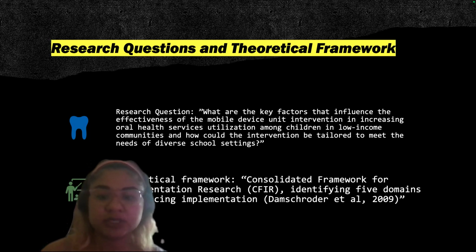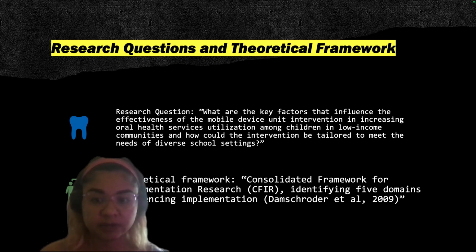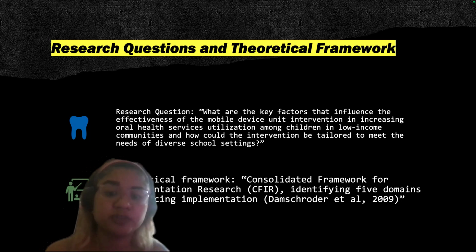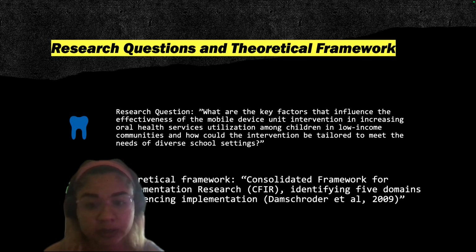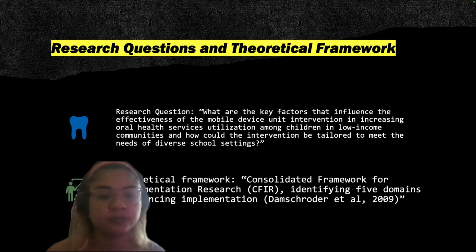And five, process, understanding the process involved in implementing the intervention, planning, execution, and evaluation. So when we address this research question, we can identify necessary adaptations to improve the effectiveness of the mobile dental unit intervention and improve oral health outcomes for children in low income communities long term.